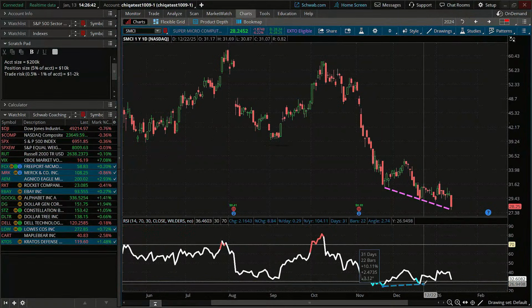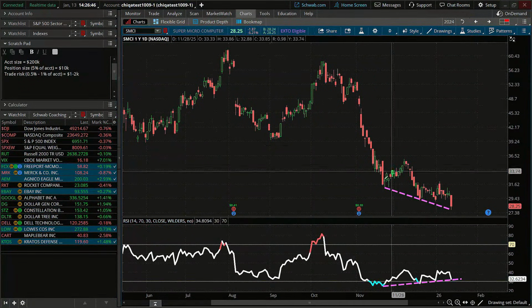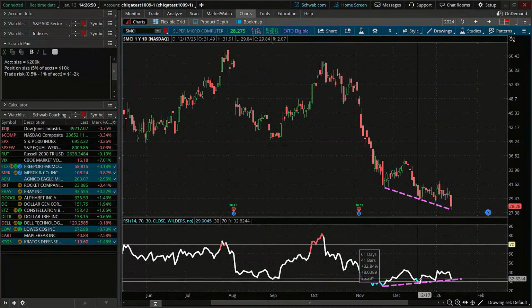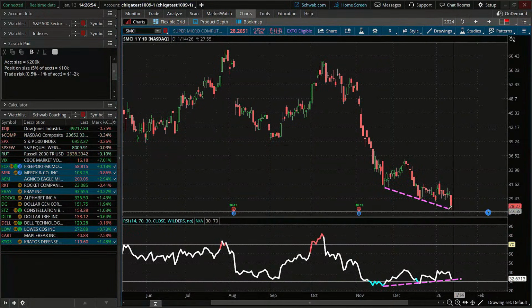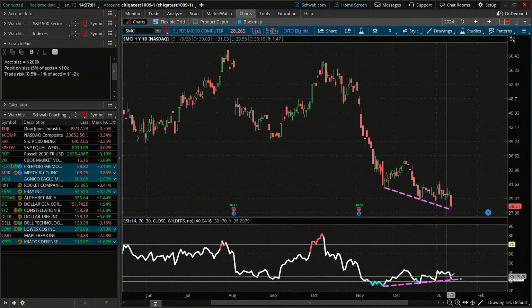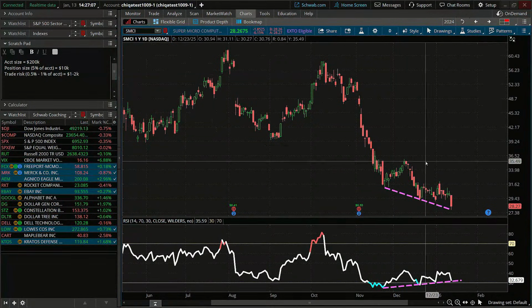Each time price made a lower low, especially here where we saw that break again below the 30, and especially now where we're making new lows, we are all the while making higher lows in momentum. So this is a bullish divergence. Great call out on a live example.